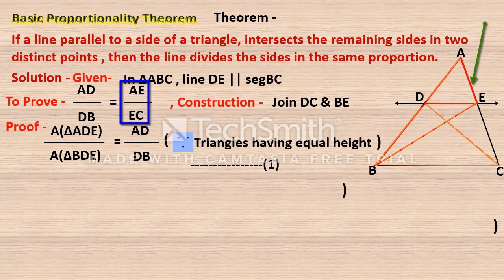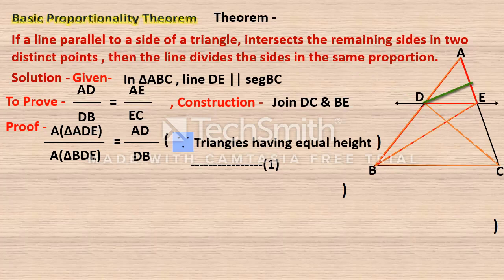Here also AE and EC are the bases, and we want the heights. For base AE, the opposite vertex is D, and for base EC, the opposite vertex is also D, which means from D we get a common, equal height.